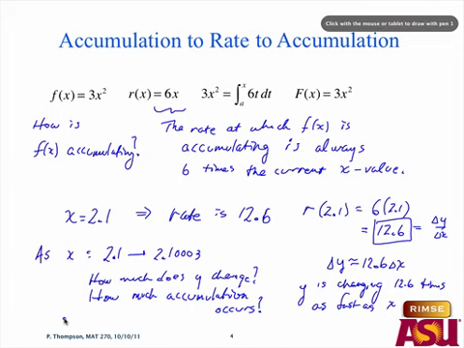So then over that, there's 12.6 times 2.1. Delta x is 2.1. Actually, I'm not going to spend much more time doing this.